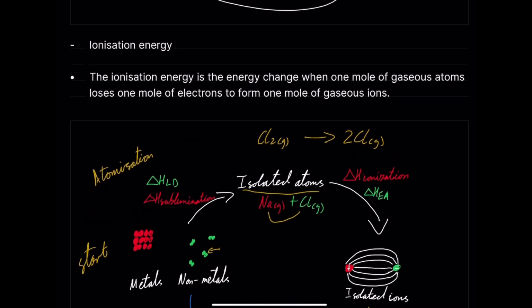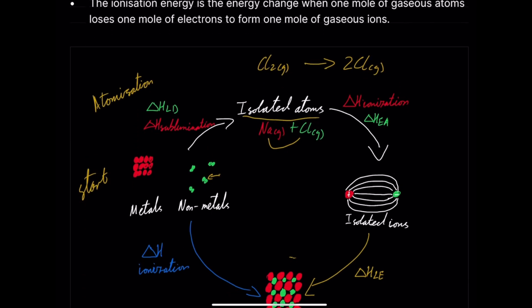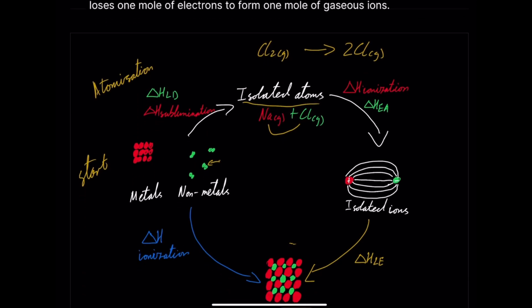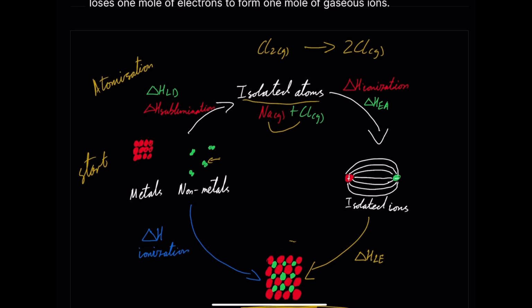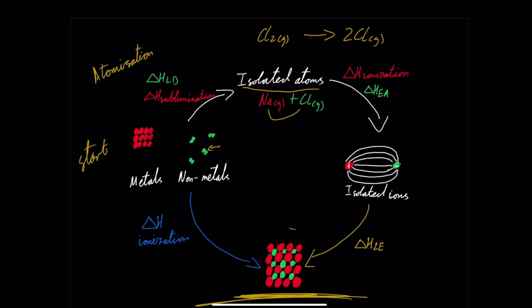Now, ionization, as I said before, is the enthalpy change when 1 mole of gaseous atoms loses a mole of electrons to form 1 mole of gaseous ions. In this case, the first ionization energy will be the enthalpy required to lose 1 mole of electrons from 1 mole of gaseous atoms to form 1 mole of unipositive ions. Unipositive meaning 1 plus.